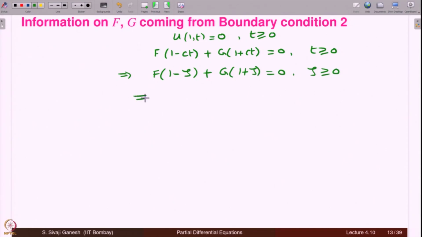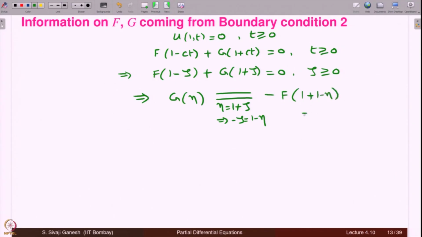So that implies g of eta, where I am setting eta equal to 1 plus zeta, just changing the names of the variables, because now I am going to define g using the values of f on some interval. So, when eta equals 1 plus zeta, what is minus zeta? 1 minus eta. So g of 1 plus zeta is minus f of 1 minus zeta, that is equal to minus f of 2 minus eta.